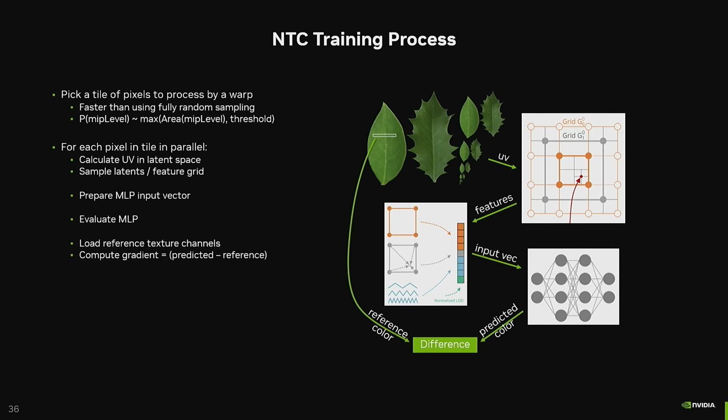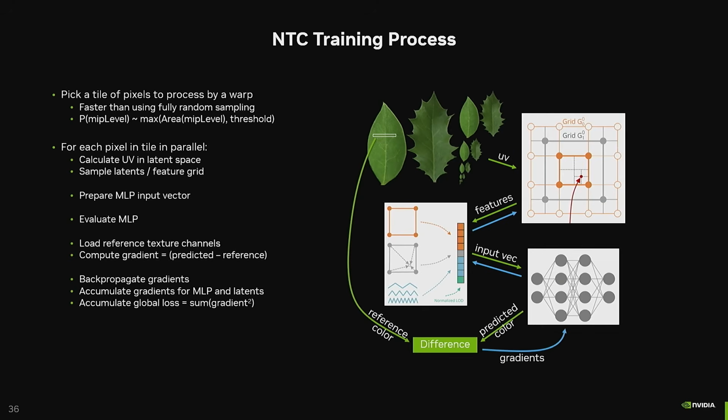We take the colors from the original texture, compute the difference between the original colors and what the MLP has predicted. That generates gradients. We feed back those gradients through the network back into the input vector, back through the interpolation math, and into the feature grid.